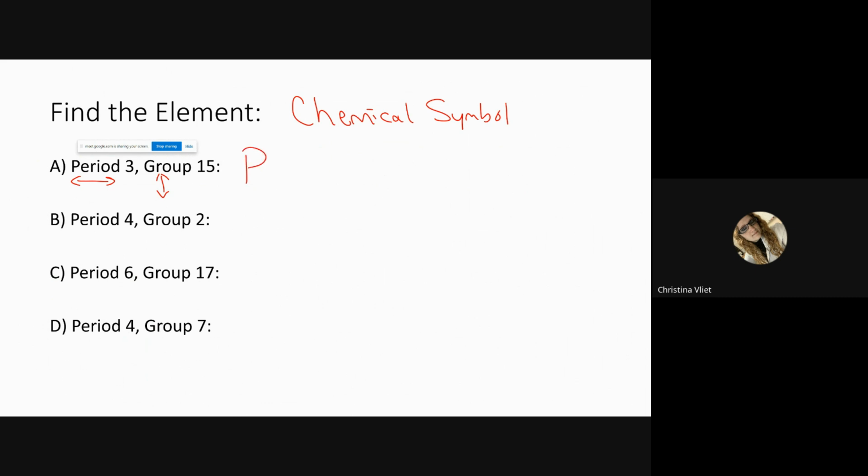Period 4, group 2. And yes, there will be at least 1 or 2 questions on your unit exam that are like this. So make sure you know it. Hopefully it's not that complicated, but there could be a multiple choice or a written question. Period 4, group 2. What is this? Ca. Period 6, group 17.